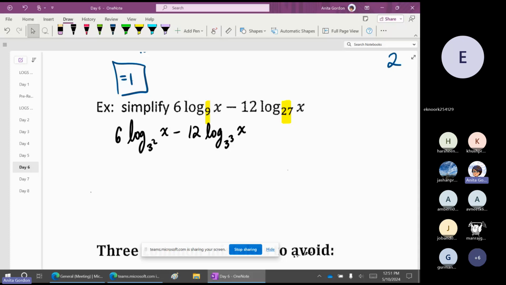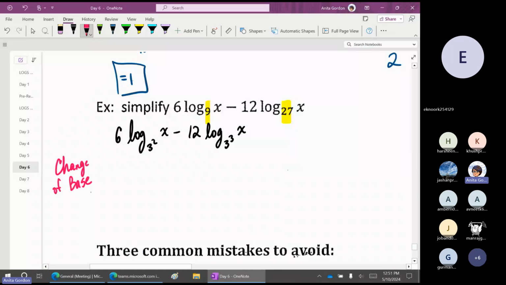What else can I do? I want you to do change of base. Change of base.